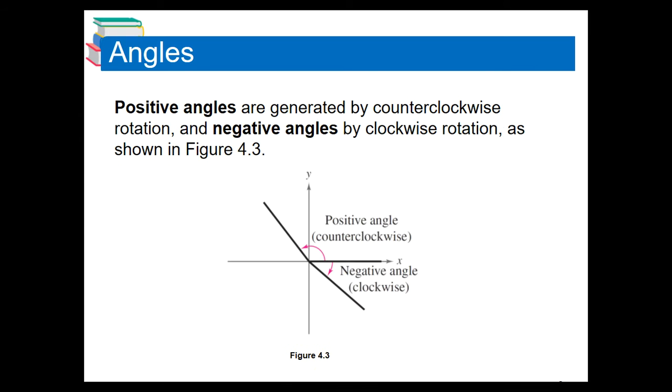So like I said before, we can either open up or we can open down. Notice that when you open up and you go from the initial side towards the terminal side in a counterclockwise motion, this is a positive angle. You're going to get a positive result. Okay.